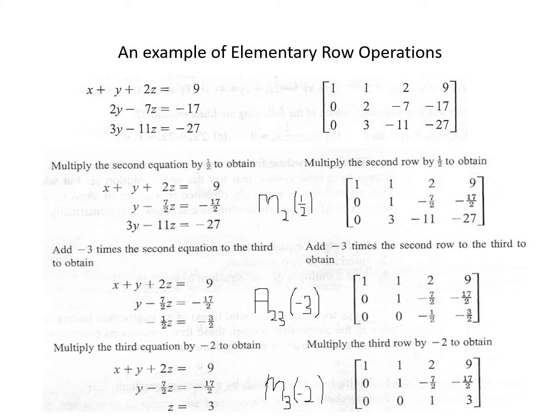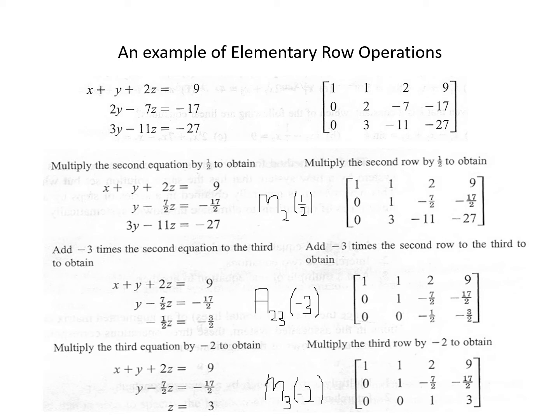Why do we do this? Because we want to get the leading element 1 here. If you multiply row number 2 by minus 3 and add it to row number 3, that element becomes 0. So we want to make that element equal to 0.